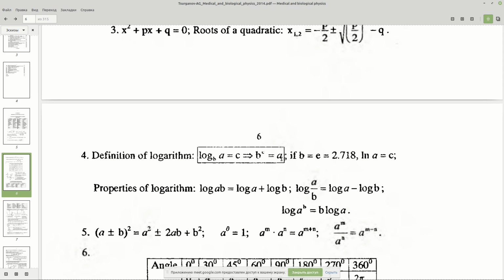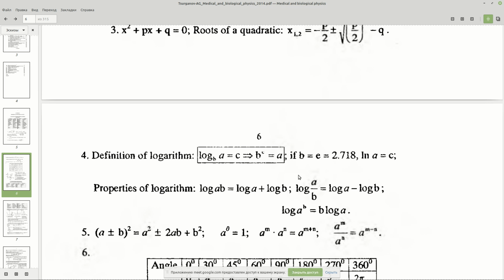If b is equal to e, it's the second fundamental mathematical constant of our world, the exponent, about 2.718.